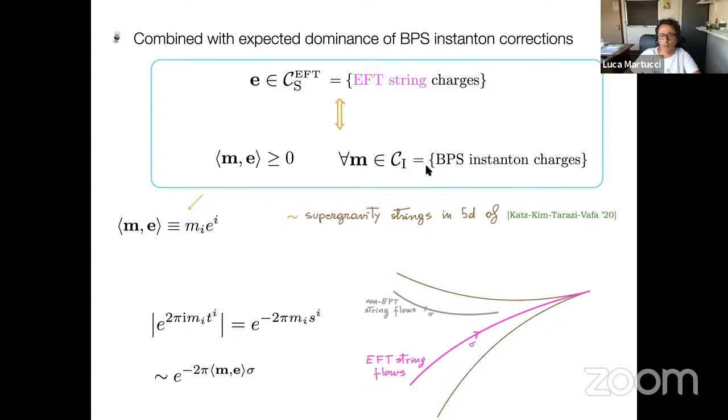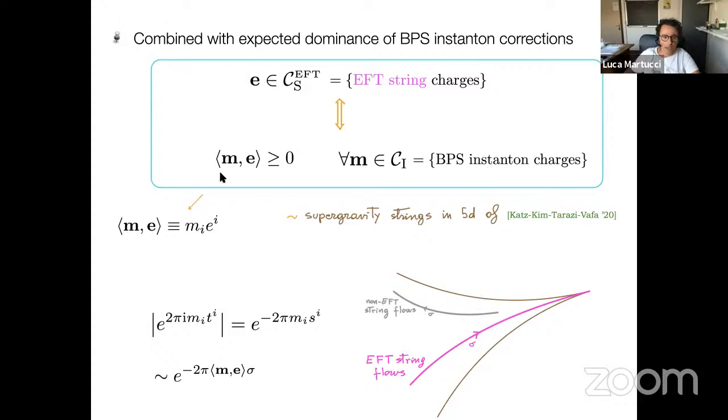And then by using this observation, we can characterize the set of possible EFT string charges as those charges which have a non-negative pairing with all the charges characterizing these BPS instantons.